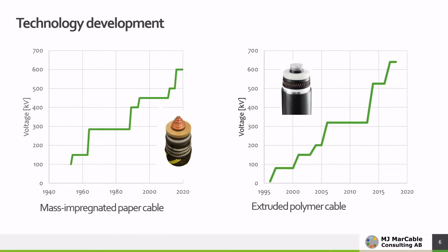You have Peter Cooper Hewitt, a US citizen who in 1901 invented the mercury vapor lamp that was further developed into the mercury arc rectifier one year later. And then there's a Swede called Uno Lamm, who is also a very important person in the further development of HVDC converter systems. He was also placed in Southern California to work on the Pacific DC Intertie project at 400 kV. So these were very important persons to enable the cables to be developed.